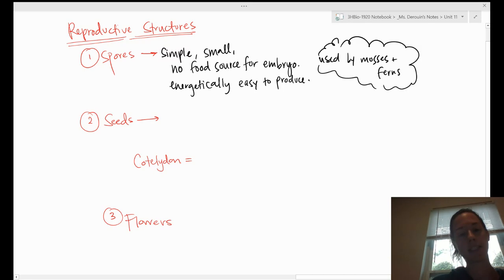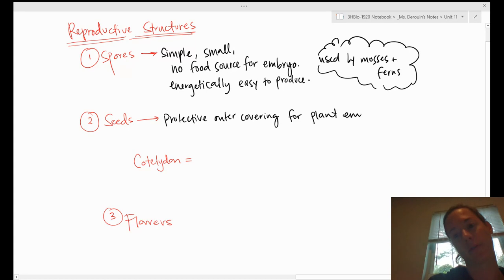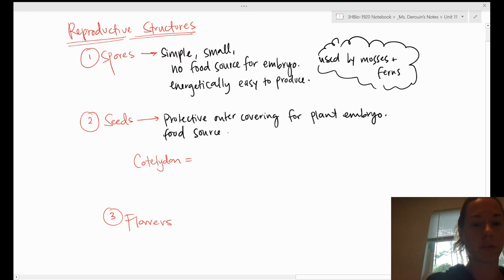And then seeds are a little more complex, so they're going to have a protective outer covering for the plant embryo. They're going to have a food source for the embryo.